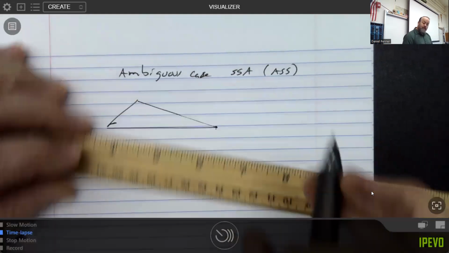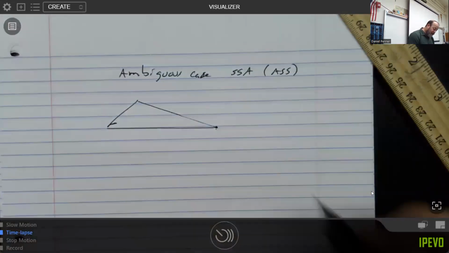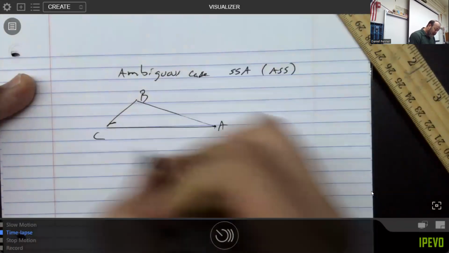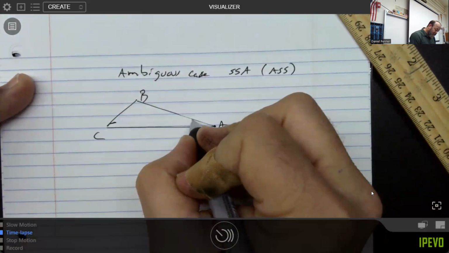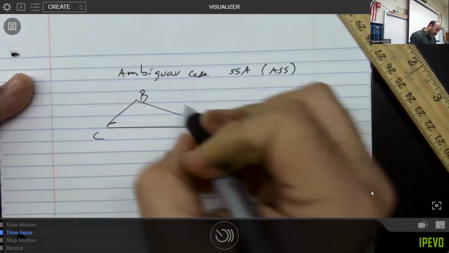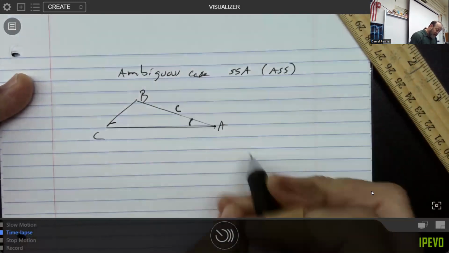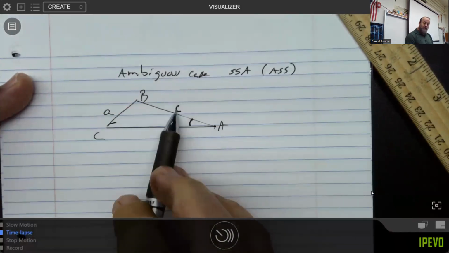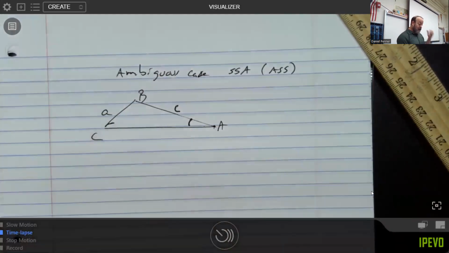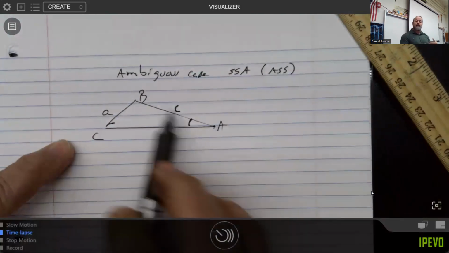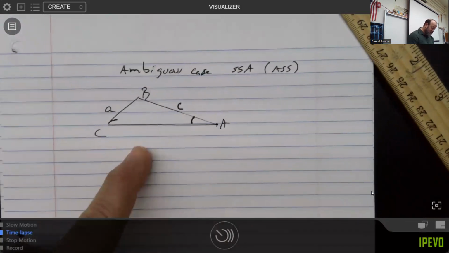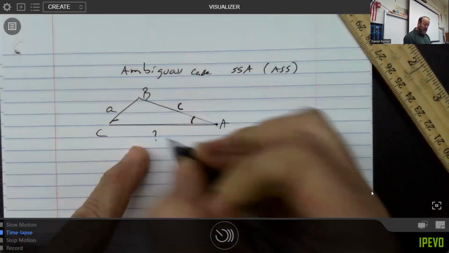The idea would be that we have an angle A, and then we have side c and side a. That would be angle side side. Each of these things that I have listed are given, and let's say I'm wanting to know what this side right here is.